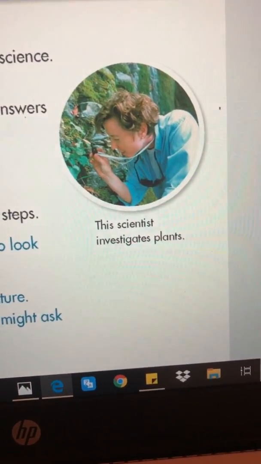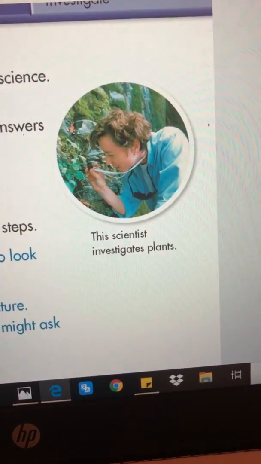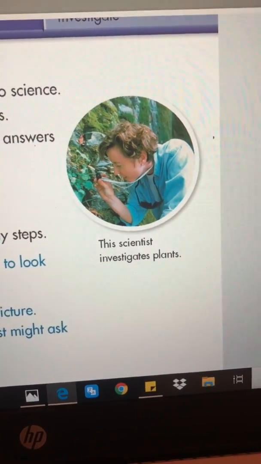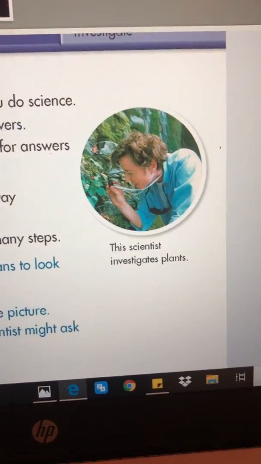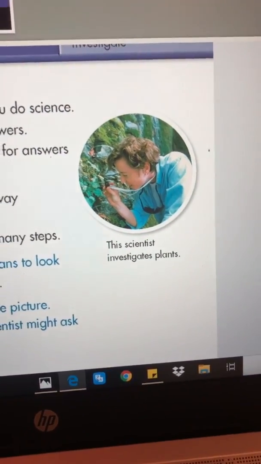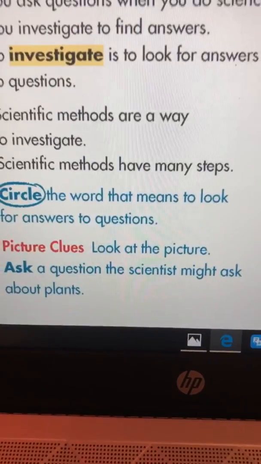Look, this scientist investigates plants. What do you think he asked about the plant? You have a question here. Look at the picture.